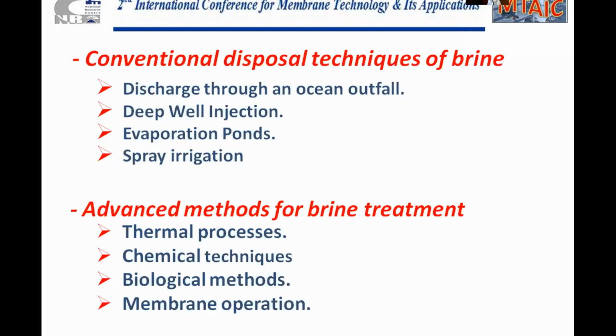Based on the literature, the conventional disposal techniques for brine include discharge through an ocean pipe, usually applied in coastal regions. In inland desalination plants, there are several options for disposal, like deep well injection, evaporation using lined or unlined evaporation ponds, or irrigation of plants tolerant to high salinity.